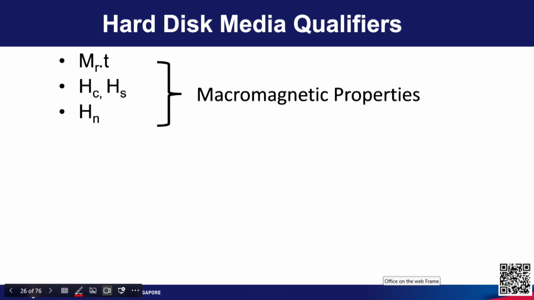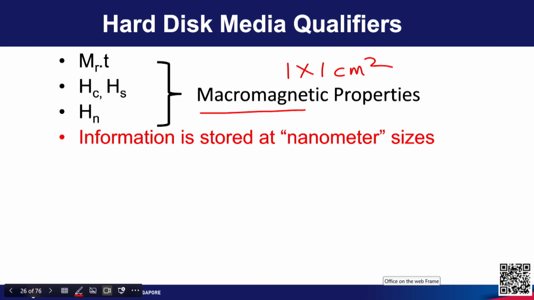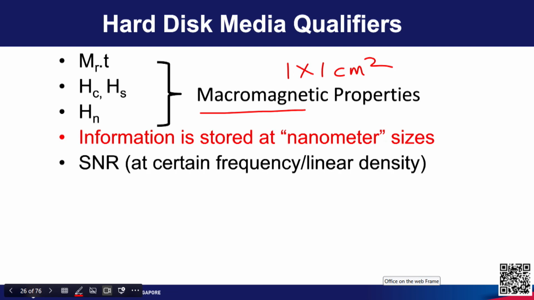Whatever properties we measured from the VSM are macromagnetic properties because they are measured on a very large sample, whereas the bits we are going to talk about are on the nanometer scale.